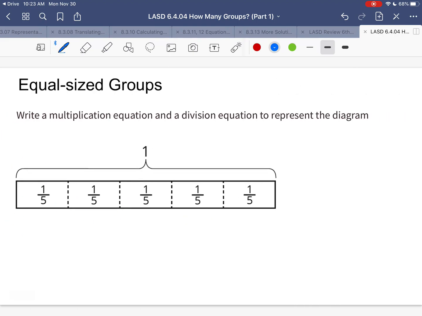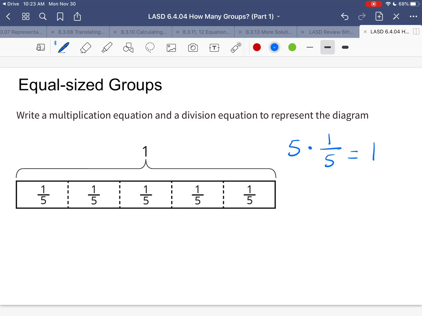So write a multiplication equation and division equation to represent a fraction problem represented by a diagram. For multiplication, I've got all of these fifths, I've got 5 of them, so I could say 5 times 1/5 equals 1.